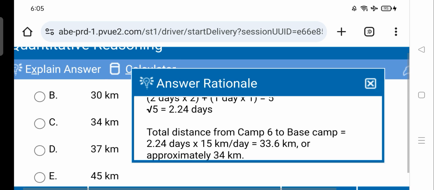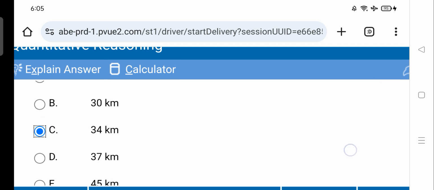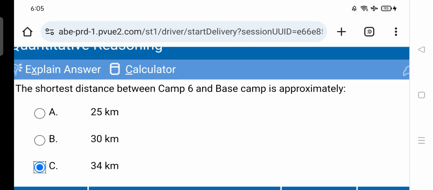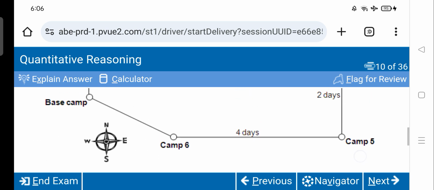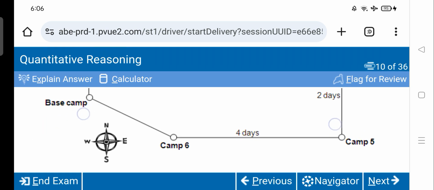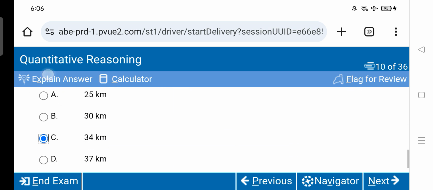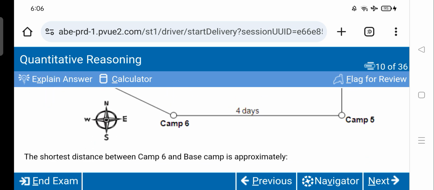So that's how we can say that the correct option we have is option C, that is 34 kilometers, which is the shortest distance between camp 6 and base camp. Between camp 6 and base camp, 36 kilometers is the shortest distance. 34 kilometers, sorry, is the shortest distance.